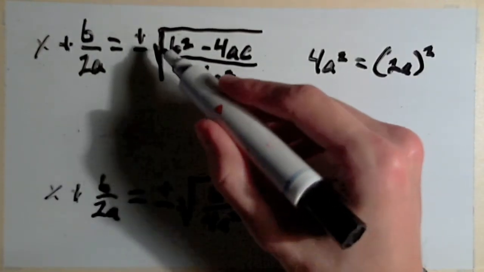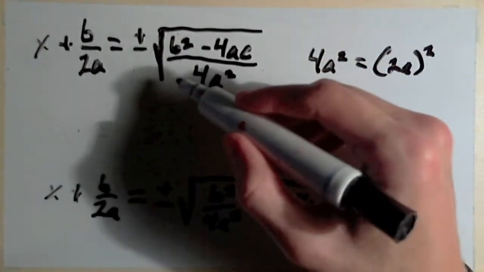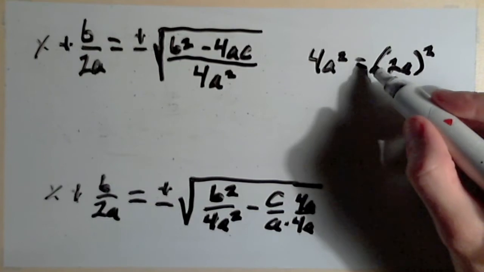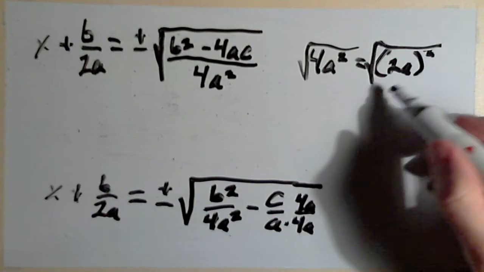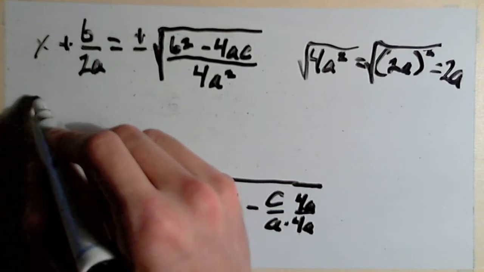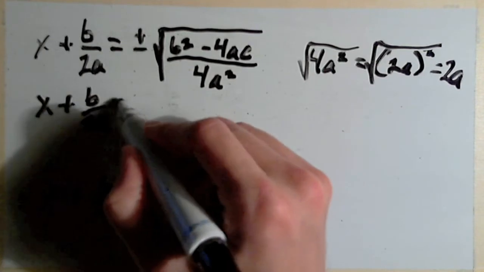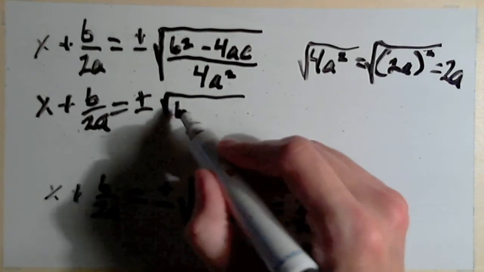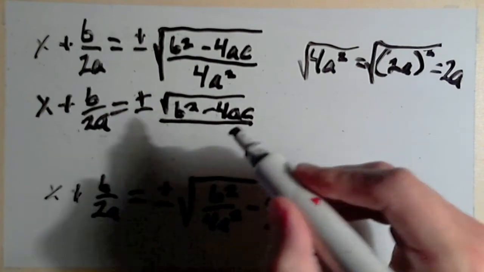So we can actually write this as the square root of the top over the square root of the bottom, or the square root of the numerator over the square root of the denominator. And so the square root of the denominator would then be 2a. So we can show that over here. x plus b over 2a is equal to plus or minus the square root of b squared minus 4ac all over 2a.